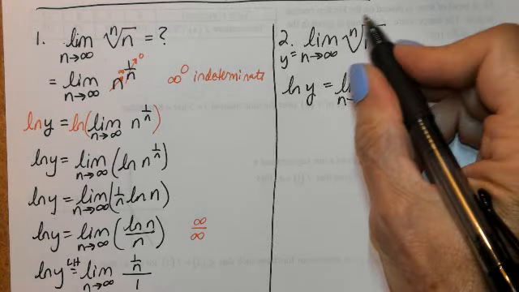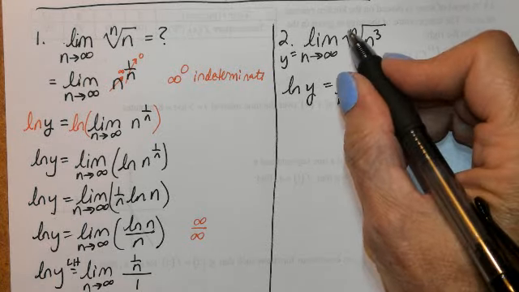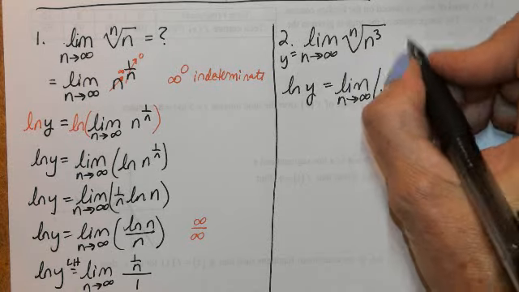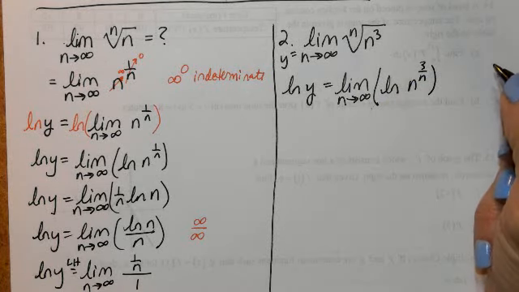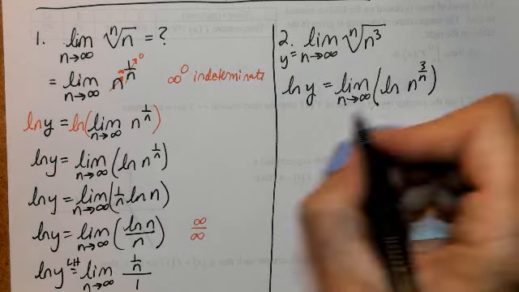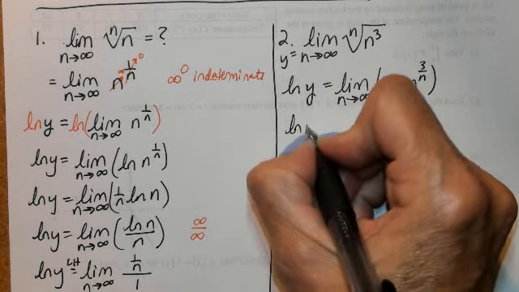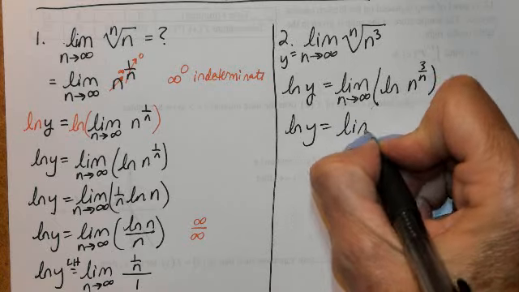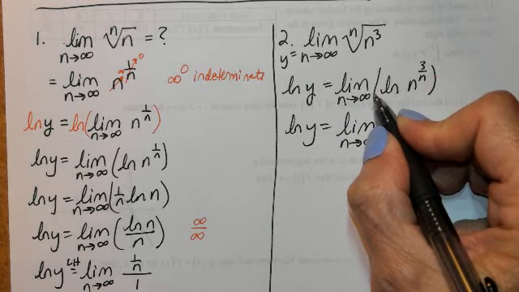Let's write this as an exponent. What's that as an exponent? The 3 is the power, the n here is the root, so this would be 3 over n. Use your log properties and pull the 3 over n to the front.